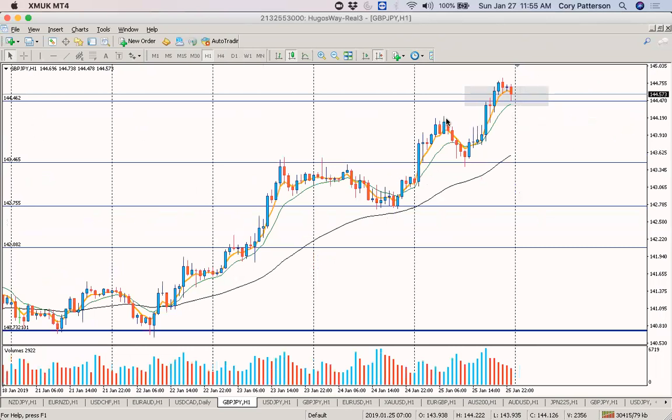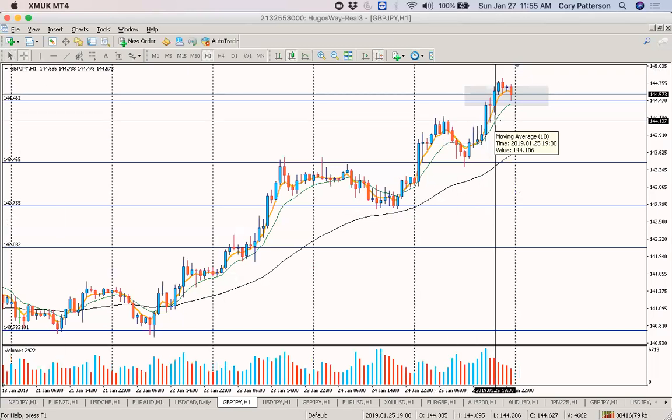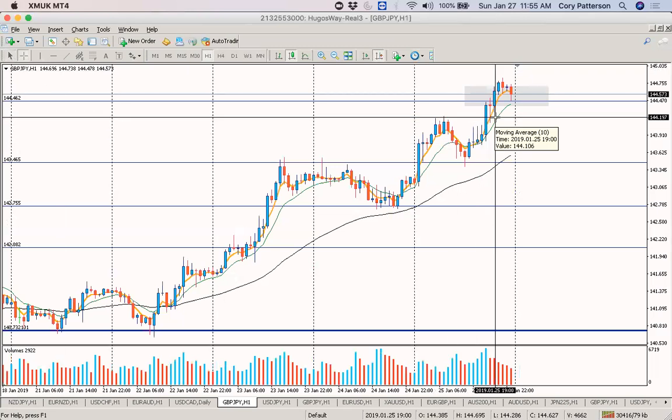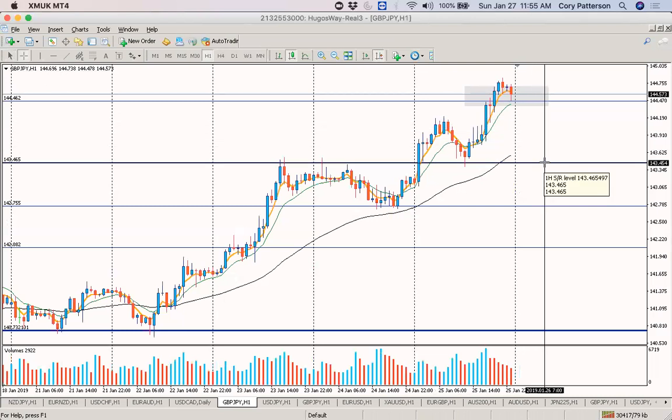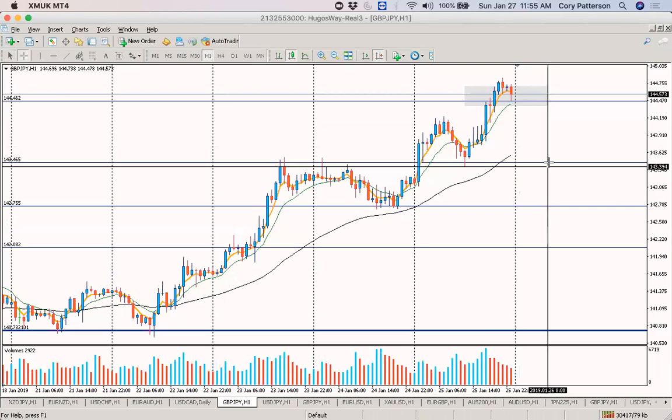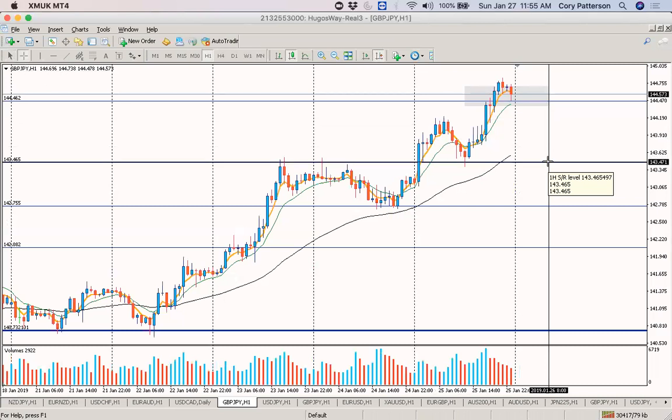My first level to take profit for GU would be near this wick right here. So this wick is 144.197. And then if it pushes through that, the next level I'll be looking for is 143.454 to get back down to this level.